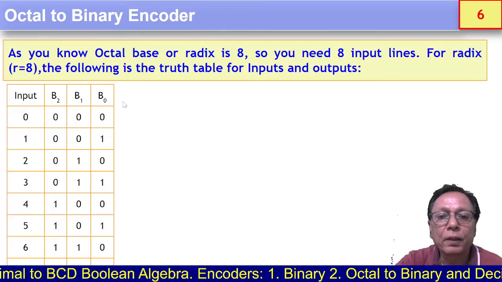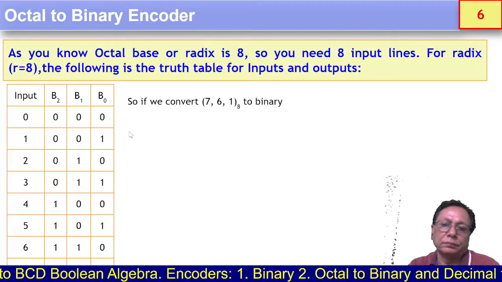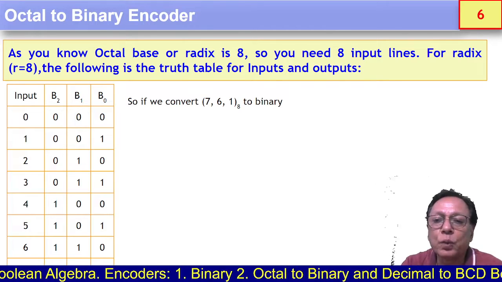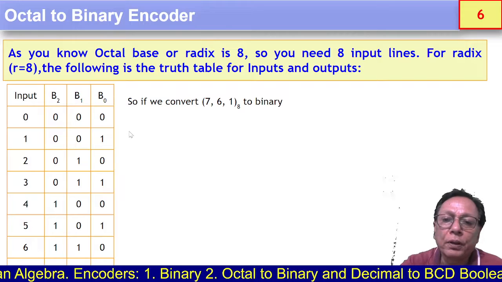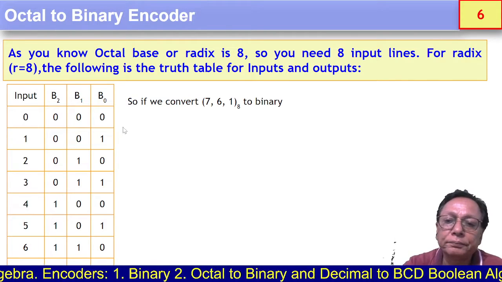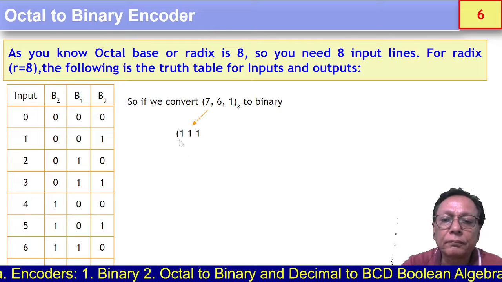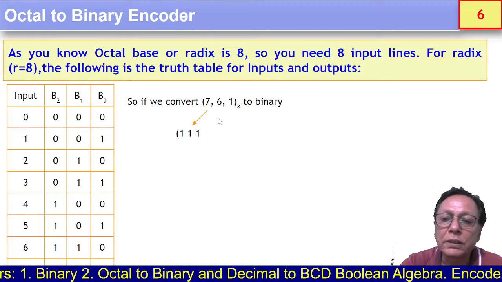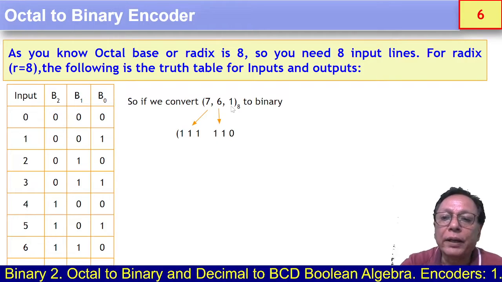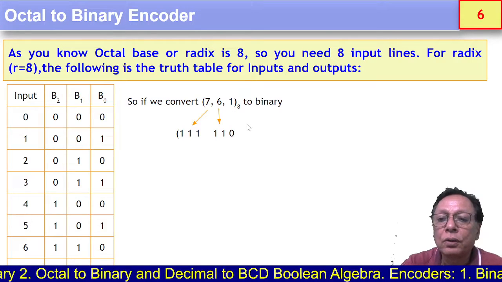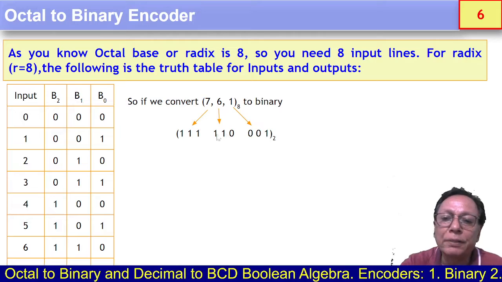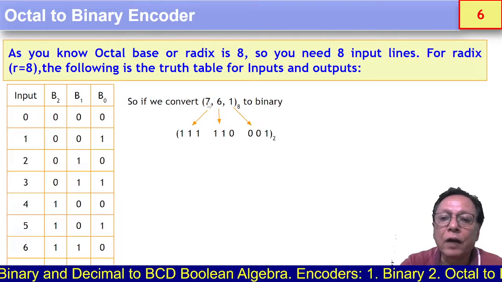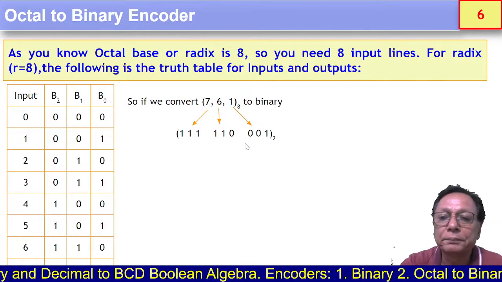Suppose you take an octal number like 761 and you are going to convert it into binary. 7 in binary is 111, 6 in binary is 110, 1 in binary is 001. So this pattern is the binary pattern, and this is your octal pattern. So you are converting octal to binary.